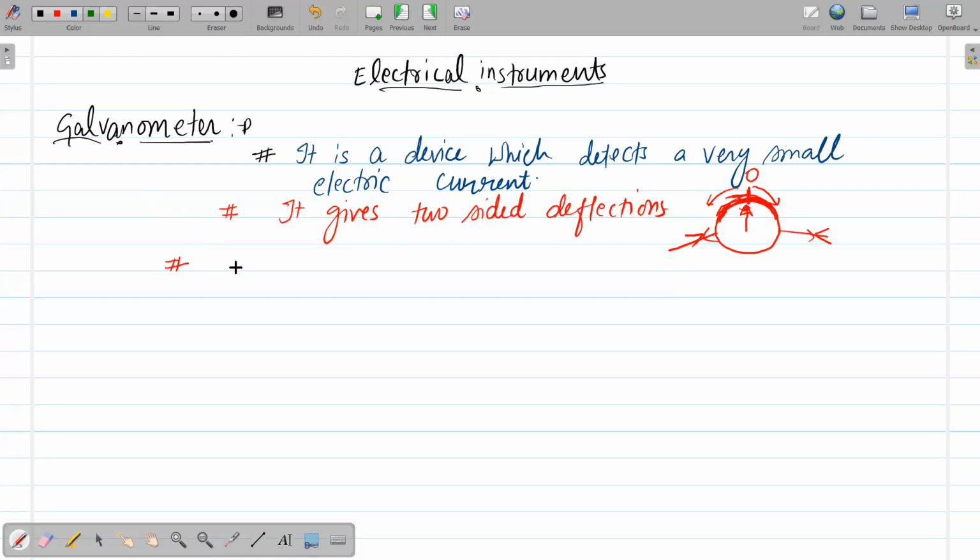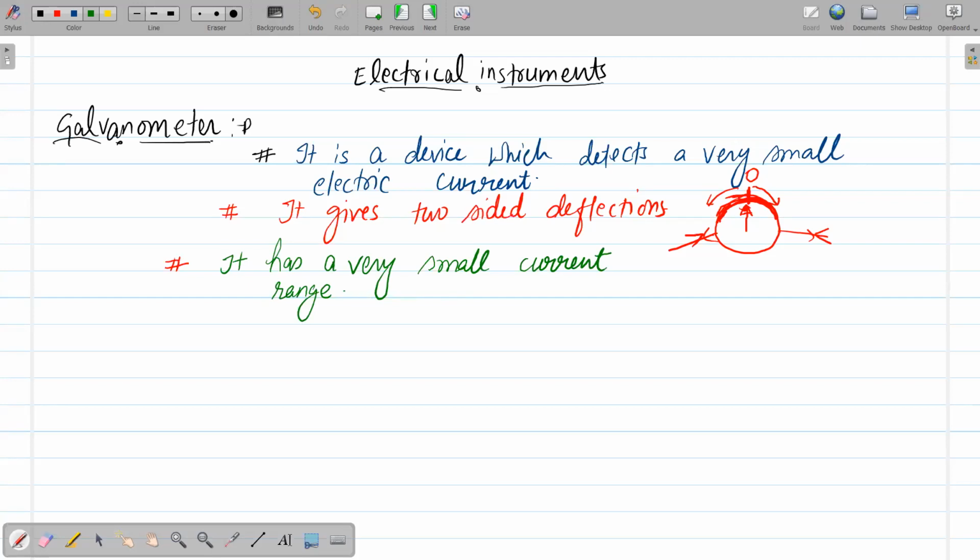So the third thing related to this galvanometer is that it has a very small current range. Are you getting this thing?